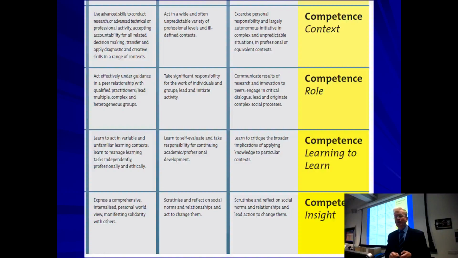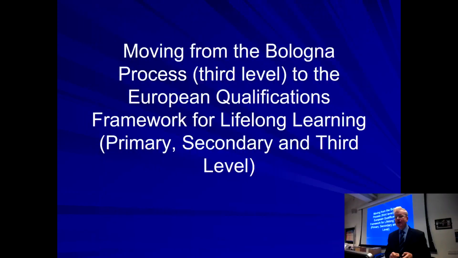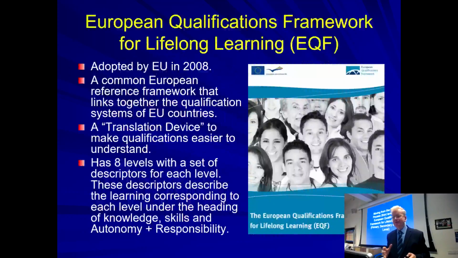And hopefully they will be updated in due course. Now, the Bologna process only dealt with third level, and the European Qualifications Framework came out in 2008. This was after the Qualifications Framework in Ireland.